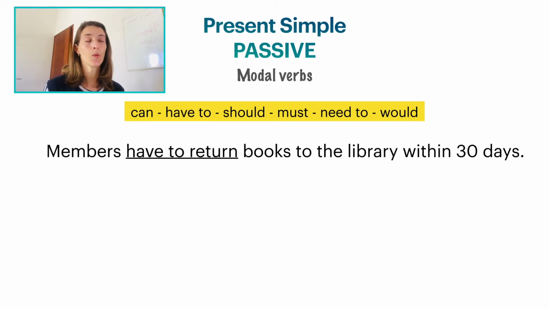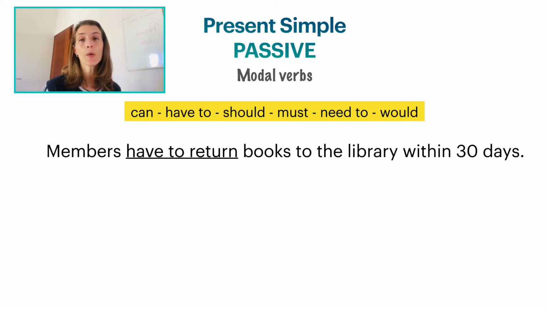Esto sería una oración en voz activa. Members have to return books to the library within 30 days. Okay? Los socios tienen que devolver los libros a la biblioteca dentro de los 30 días. ¿Sí? Ahora tenemos que hacer una oración que diga: los libros deben ser devueltos dentro de los 30 días.